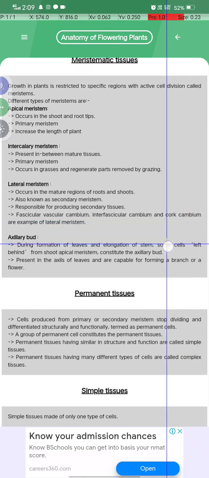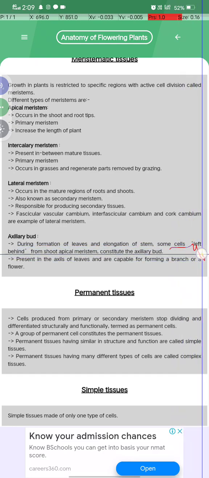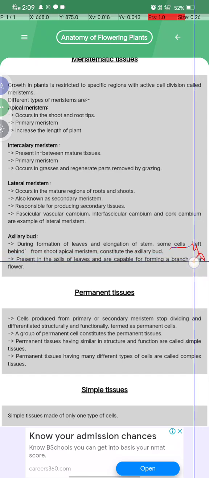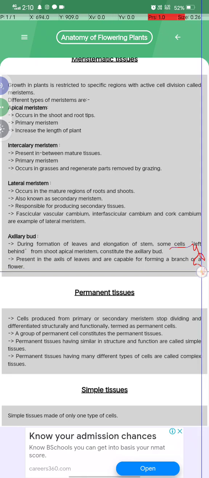Axillary bud: during the formation of leaf and elongation of stem, some cells are left behind from the shoot apical meristem and constitute the axillary buds, present in the axil of leaves, capable of forming a branch or a flower.